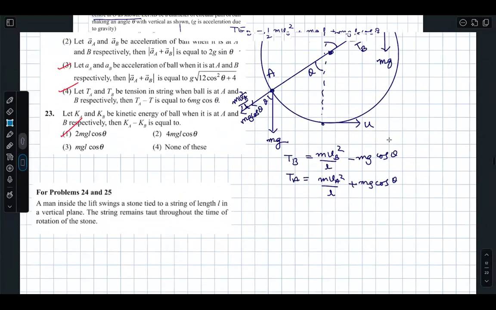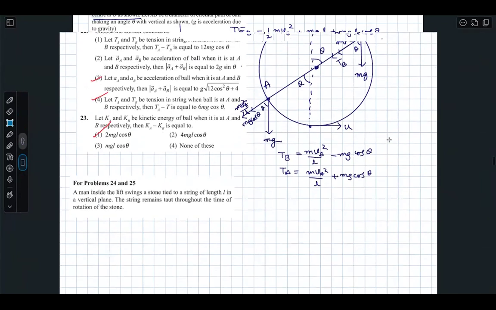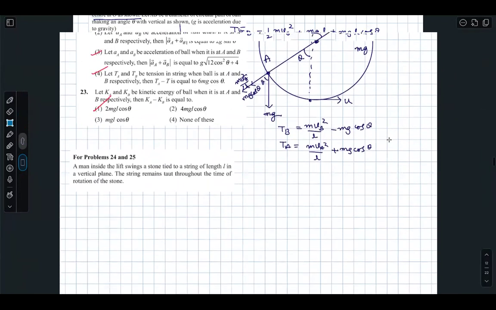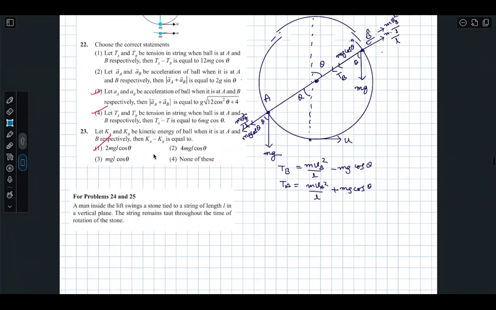Now, come on. What are the cases that you want? You want the difference in the tensions. Actually, I've asked a stupid question in this. In this circular frame, effective G is G cos theta.